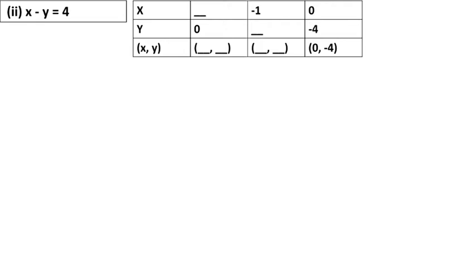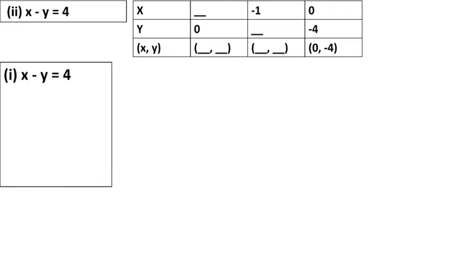Now students, the second activity is given: x minus y equal to 4 is the second equation. In the table, x is blank and y is 0, and we have to find (x, y). By putting the y value 0, we will find the value of x. The equation is x minus y equal to 4.